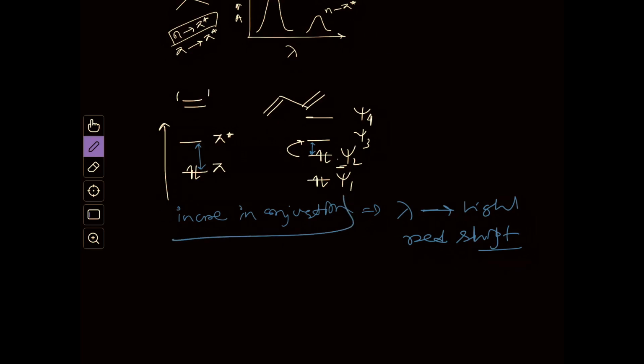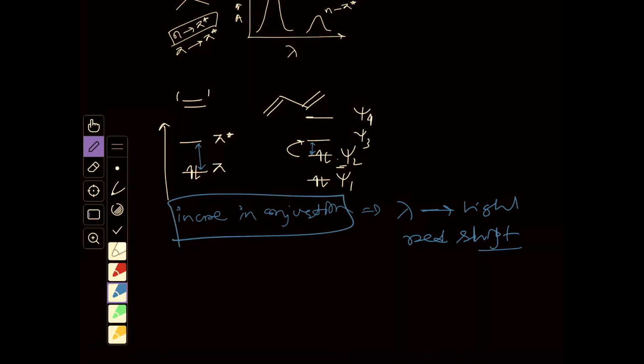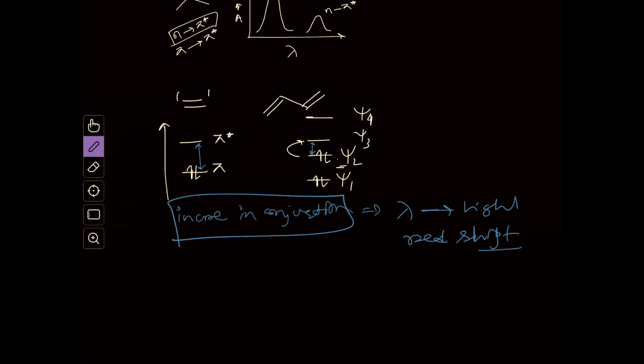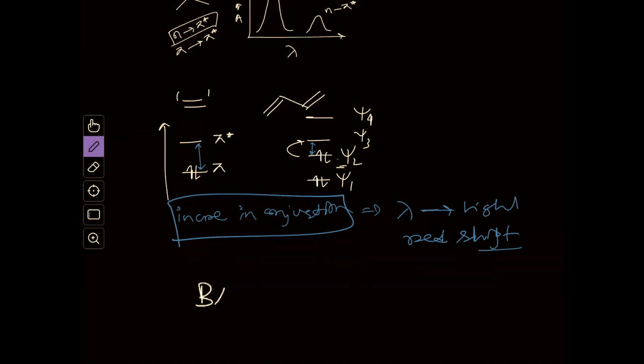Similarly, if you decrease the conjugation, it will go to the low wavelength region, and it is called blue shift. So these two terminologies are frequently used in UV spectra, red shift and blue shift.